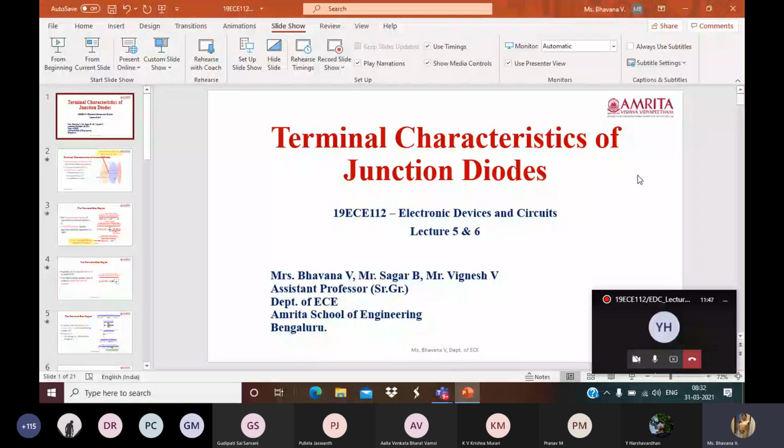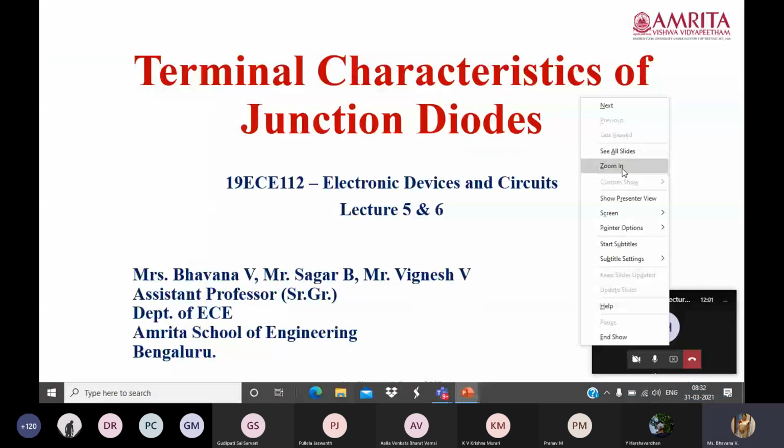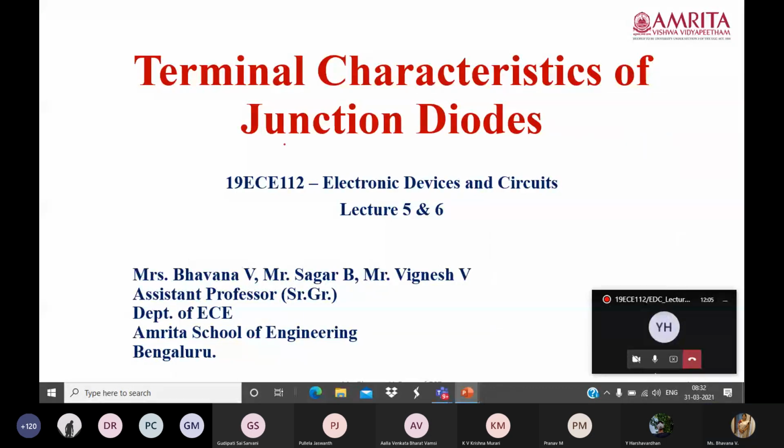Today's class we will discuss the next topic, that is terminal characteristics of junction diodes. Till now we have seen the characteristics of the ideal diode. Now we'll see the junction diode. What do you mean by junction diode? Junction means PN junction.